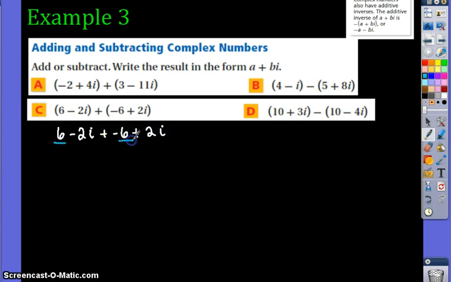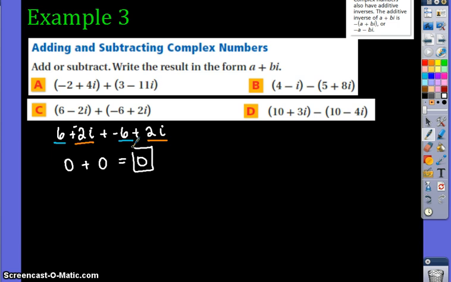Here are our real components. Here are our imaginary components. And again, it might be helpful to rewrite this as plus a negative. All right, so our 6 and our negative 6 will cancel out, giving me 0. And then we have a negative 2i and a positive 2i, which will also cancel out and give me 0. So my answer here is 0. You can see that those are the conjugates, the additive inverses there.